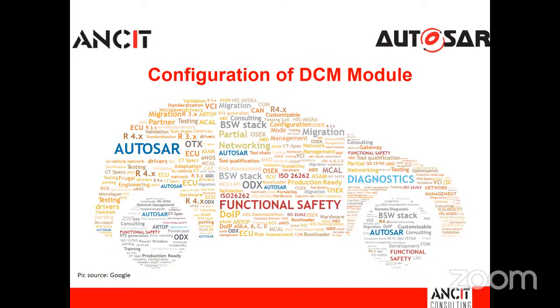Our responsibility as a BSW engineer or application handler, when you have this ECU extract intact, is to create a port interface. You'll have to choose the right port interface that will connect it with the application, which is available in the port interfaces in the stack. So you go to the DCM module, choose the right port interface, and create a port.